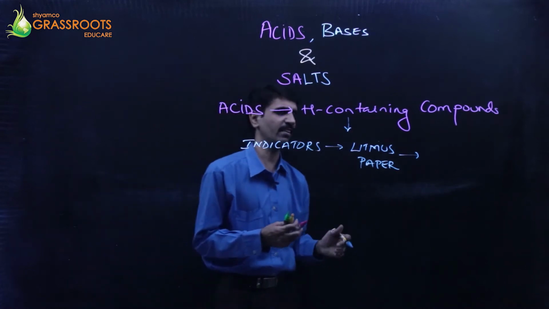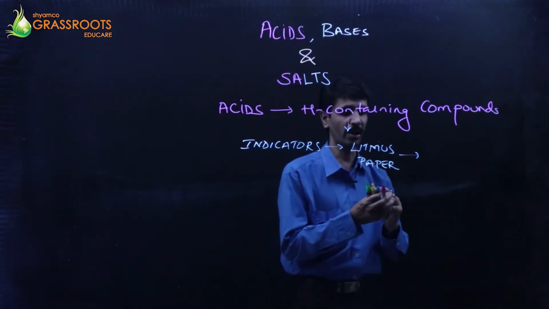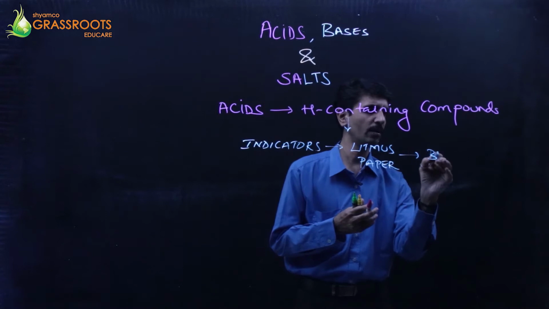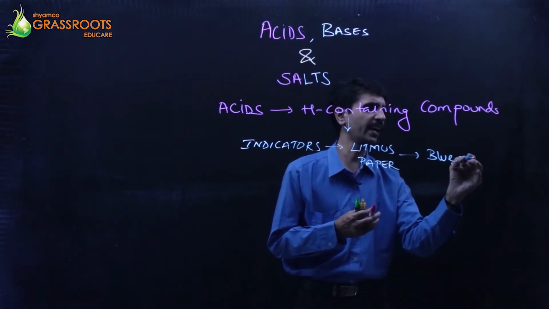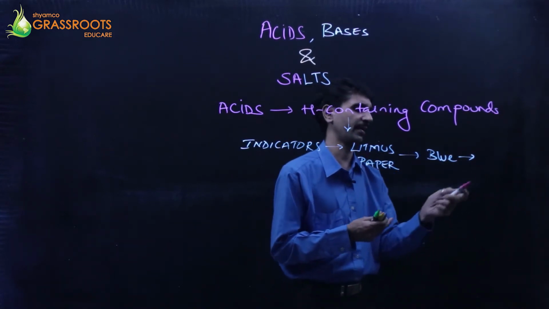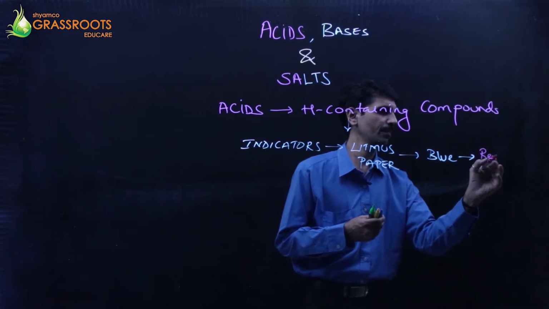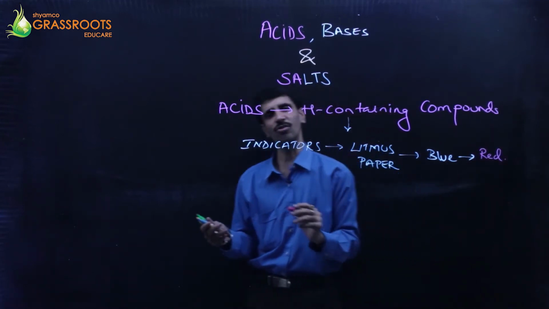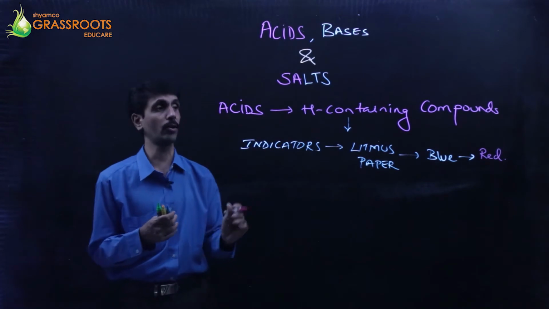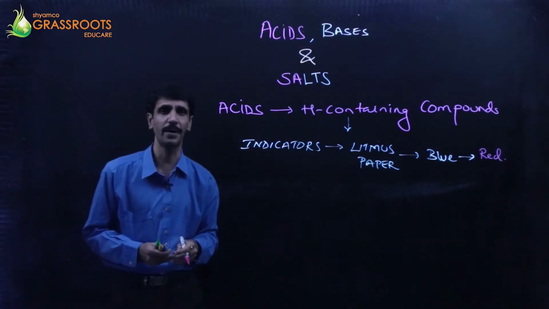The color change for litmus paper is blue litmus getting converted into red. This is what the acidic character, the property of the acid, is all about.